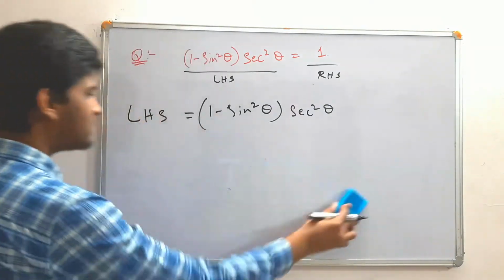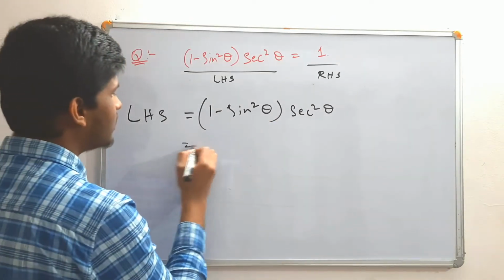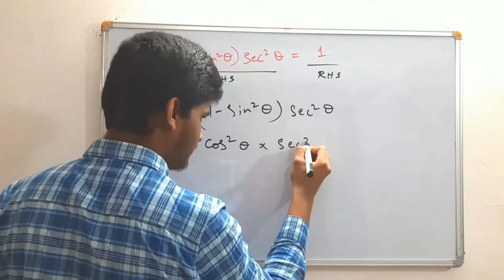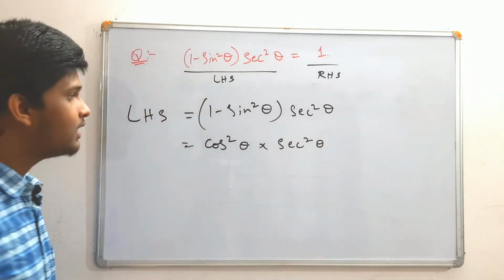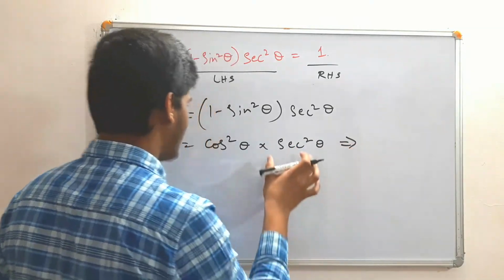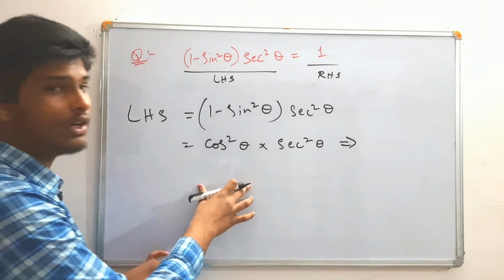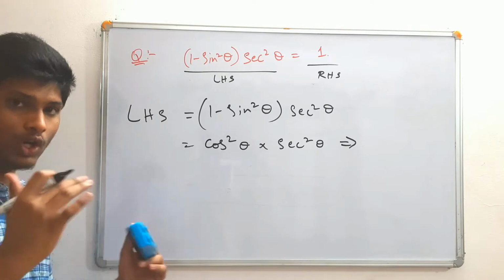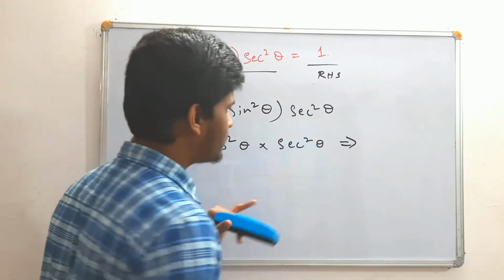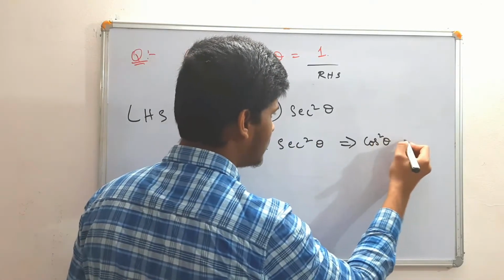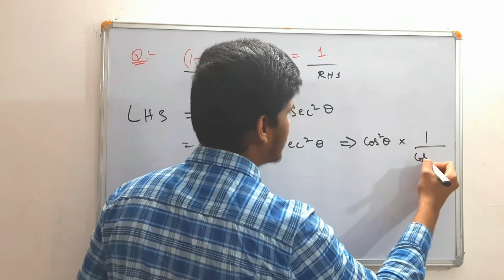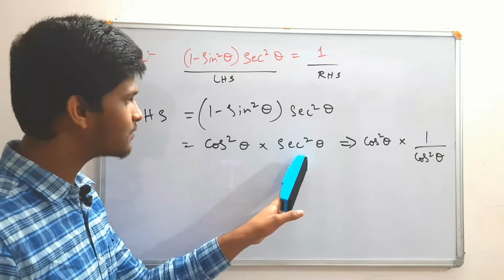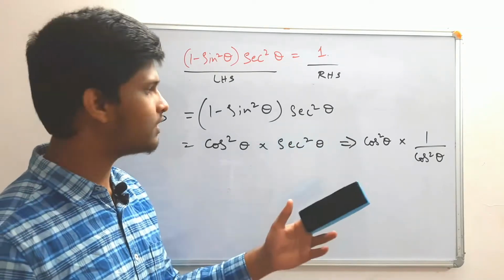Putting this value here, we get cos square theta into secant square theta. Secant theta is nothing but the reciprocal of cos theta, so we get cos square theta into 1 by cos square theta, because secant square theta is the reciprocal of cos square theta.